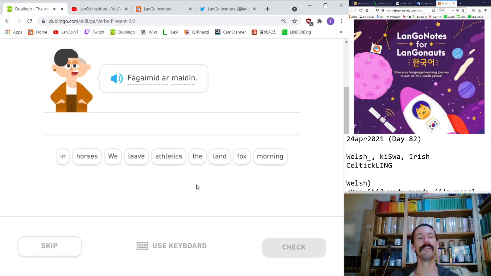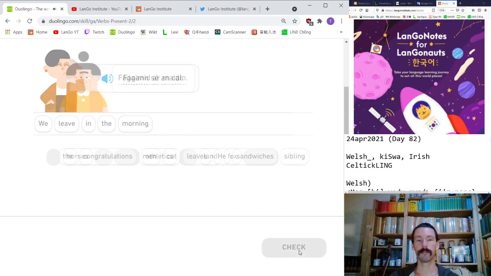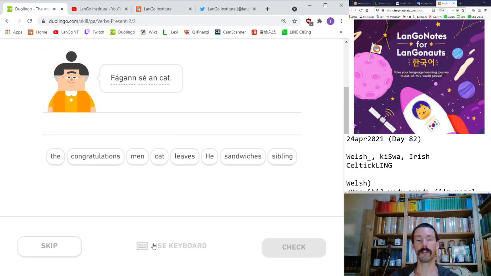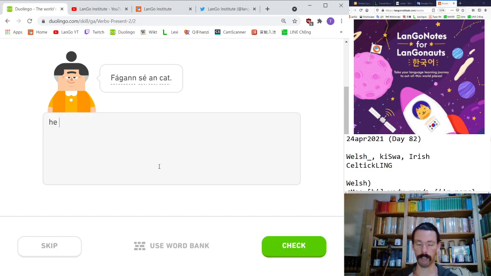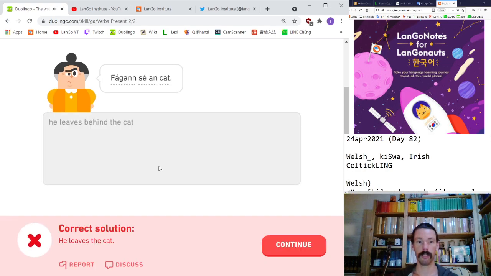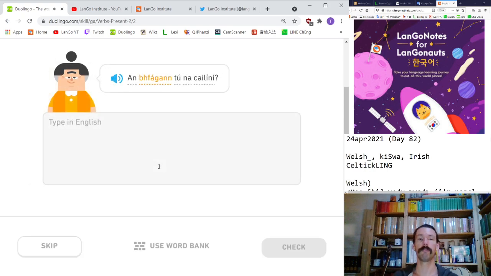Fágaimid ar maidin. We leave in the morning. Fágann sé an cat. He leaves. I guess it leaves behind the cat. He leaves the cat. An bhfágann tú na cailíní?